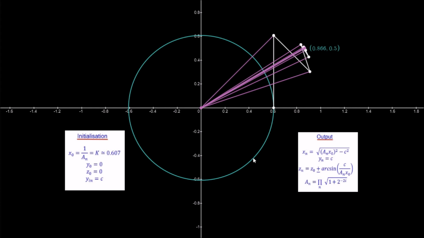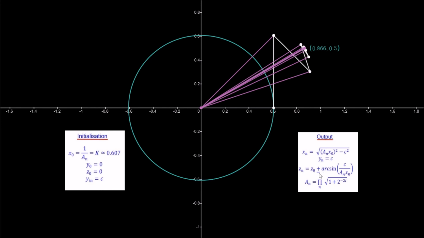The angle which we were looking for, theta, is given by Zn, which is the original initialization angle Z0, which is 0 degrees. That was just the original angle of our little pink phasor, which we have rotated round about.